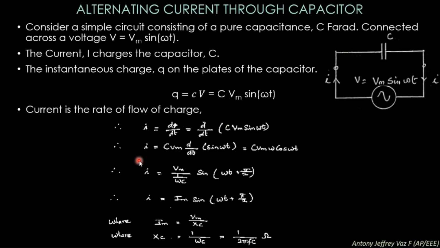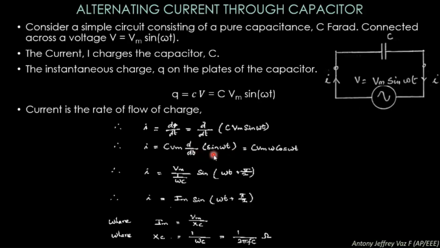So now you will get I is equal to C Vm d by dt sine omega t. What we are doing here is taking the term CVm, which is constant, out of the differentiation. Now you are going to differentiate d by dt of sine omega t.